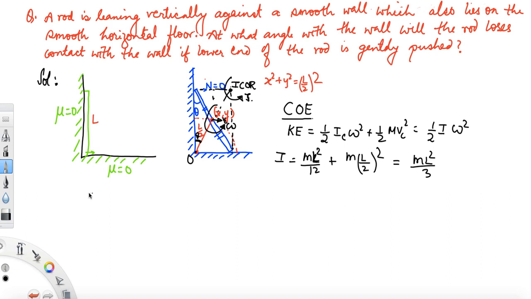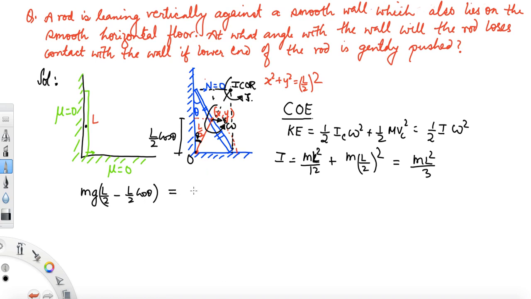Now we have this kinetic energy, and the loss in potential energy will be equal to mg times, you can see that initially L by 2 and finally this is L by 2 cos theta. So directly you can say the loss in potential energy will be mg times L by 2 minus L by 2 cos theta, which is the height by which the center of mass falls.